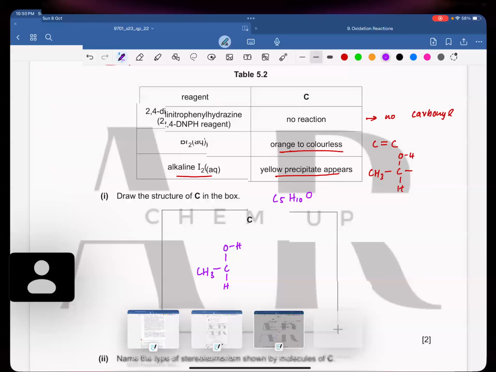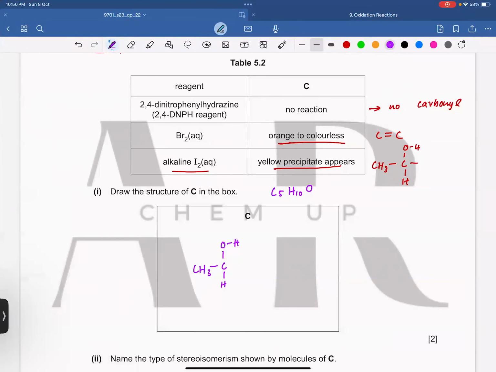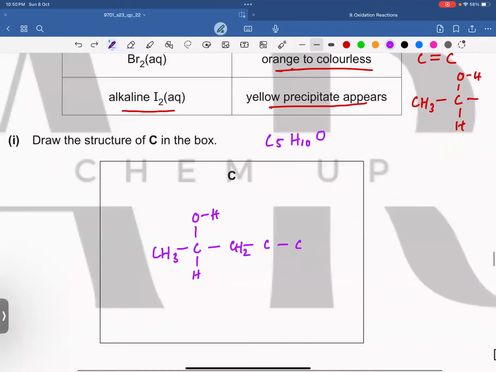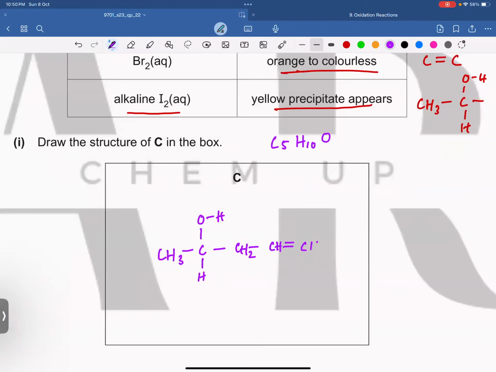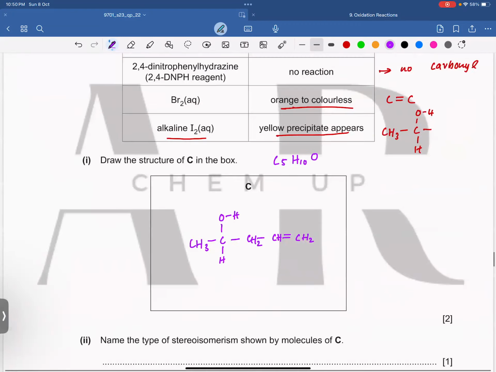Okay, so we put up two carbons. Now the third carbon, fourth carbon, fifth carbon. Two hydrogens with this one, and there is a double bond, right? So CH double bond CH2.